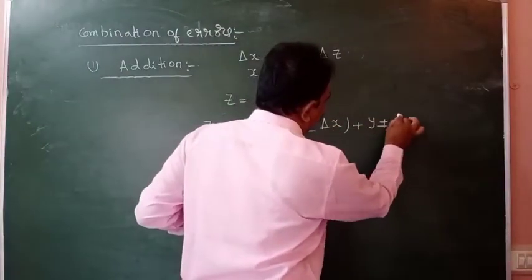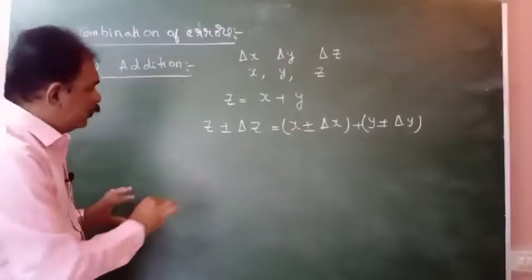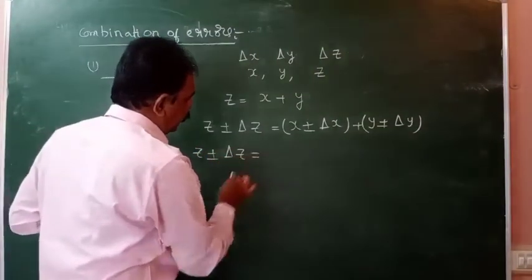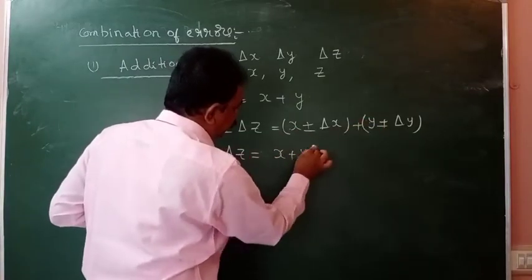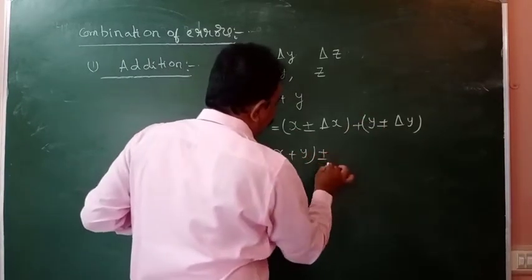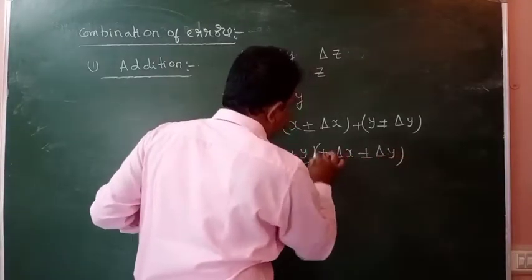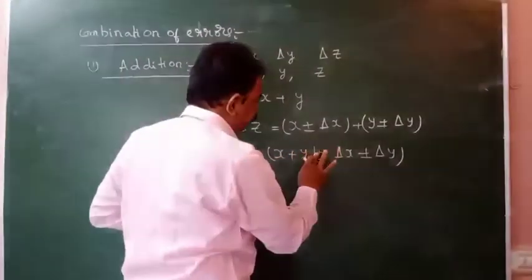Y with error will be y plus or minus delta y. So Z plus or minus delta Z is equal to, I am writing this x and y in one bracket, plus or minus delta x plus or minus delta y. I am writing this in another bracket.